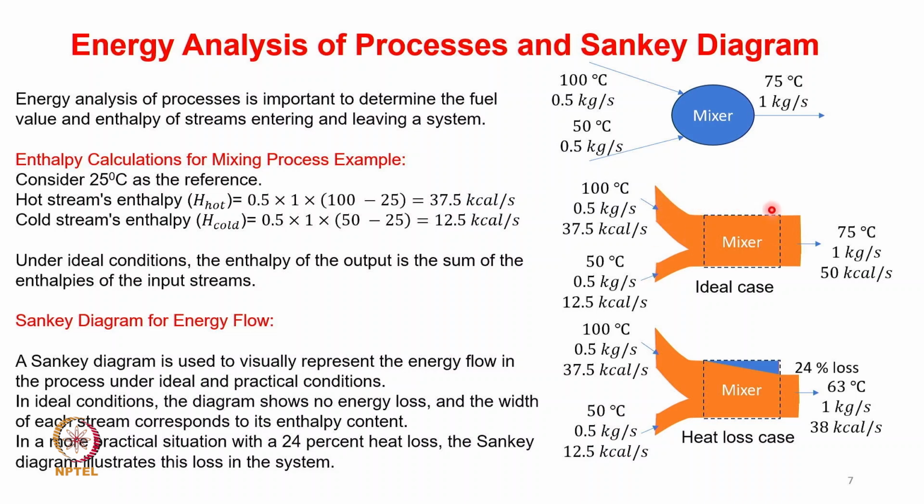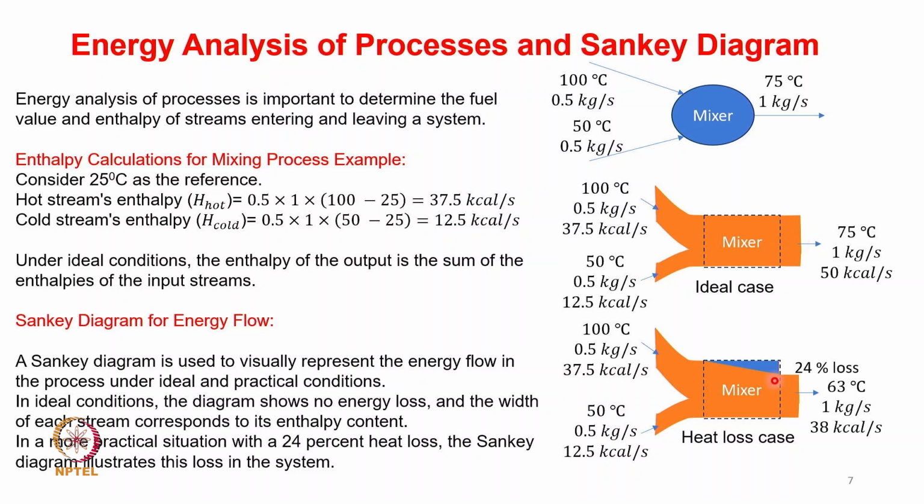Both of them combine in the mixer and go out. This visual representation also quantifies how much is the enthalpy of the streams going in and out. Such a diagrammatic representation is called a Sankey diagram.